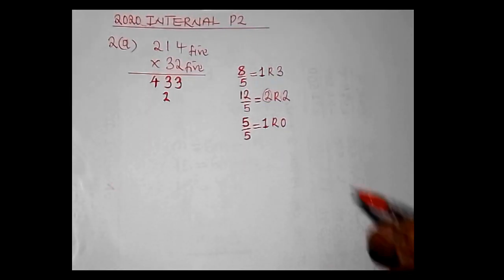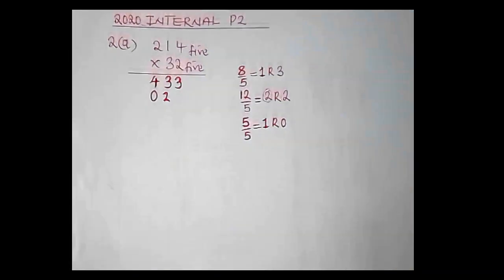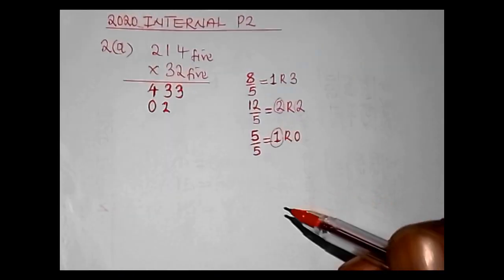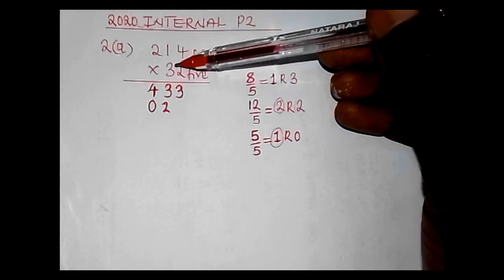Which one do we start with? We start with the remainder. So remainder 0, and we keep 1. Keeping 1 means this will be added to our next multiplication.